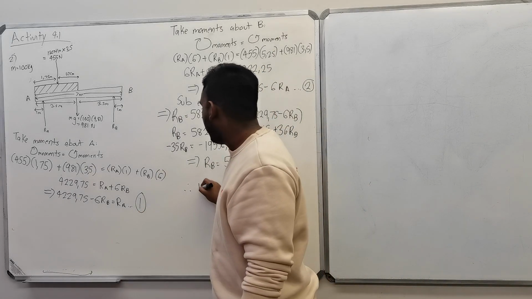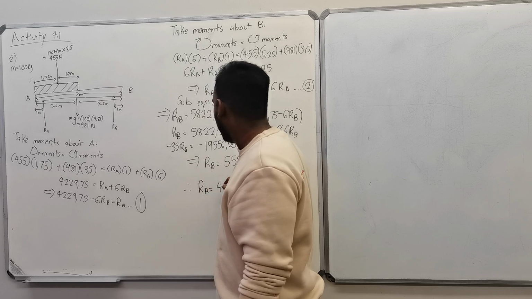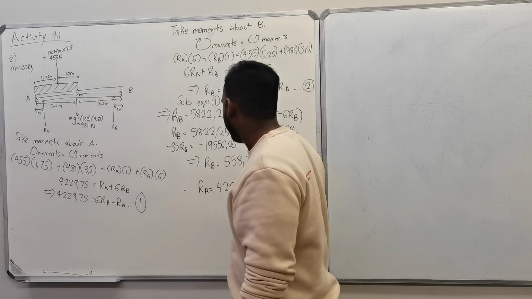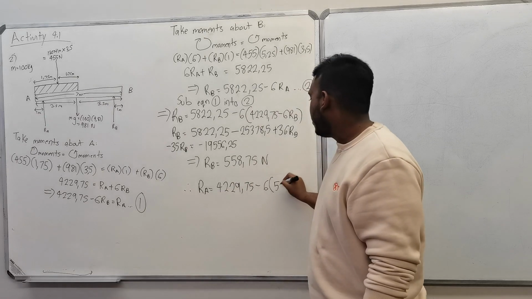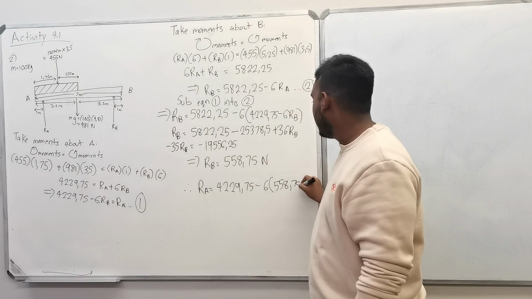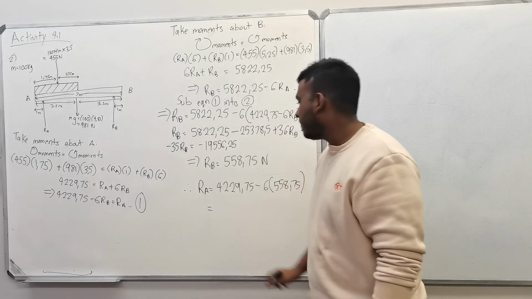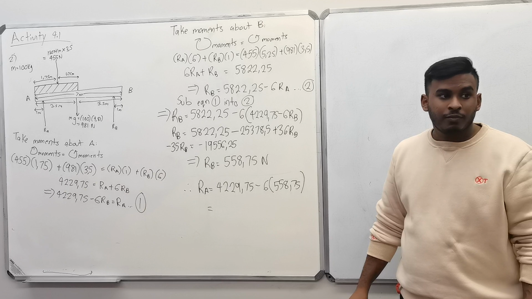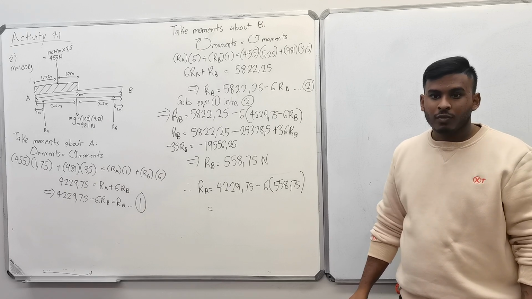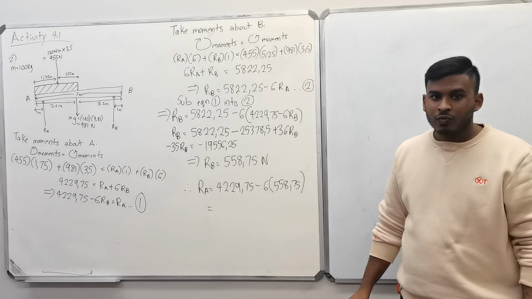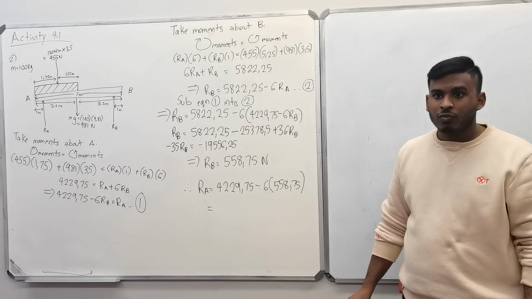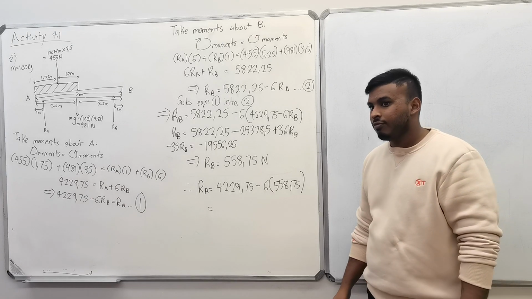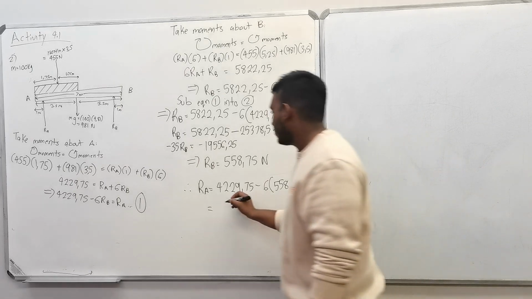Therefore RA is equal to 4229.75 minus 6 times 558.75, and that's equal to 877.25.